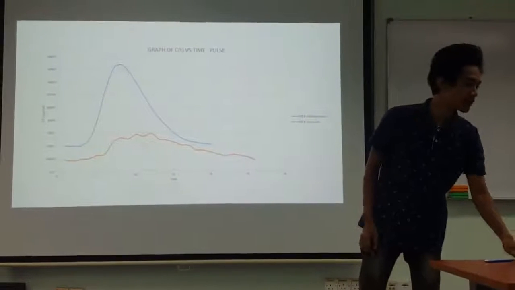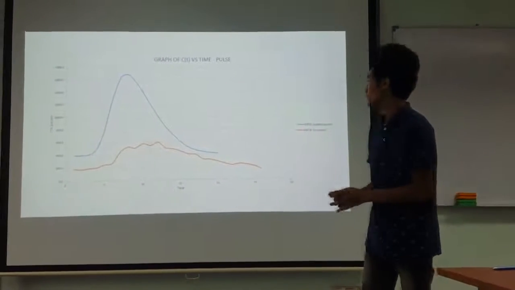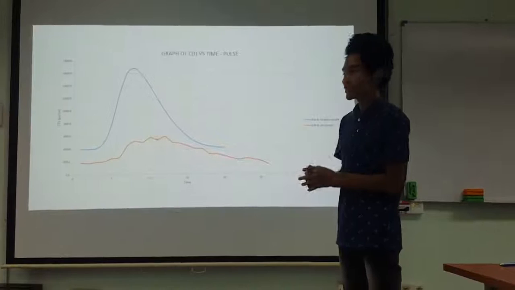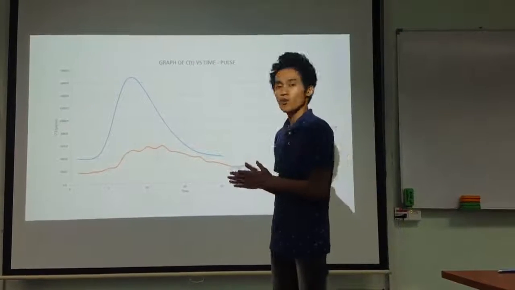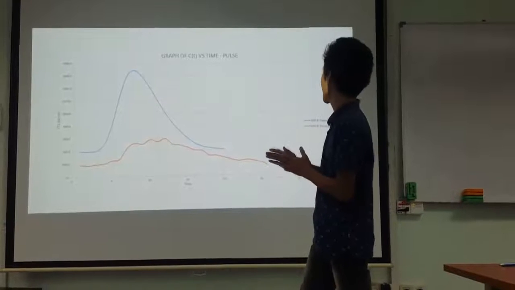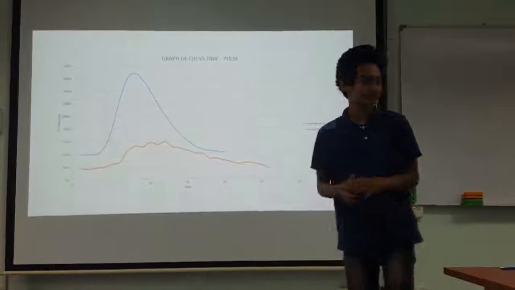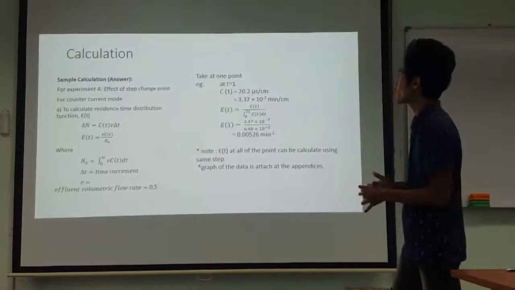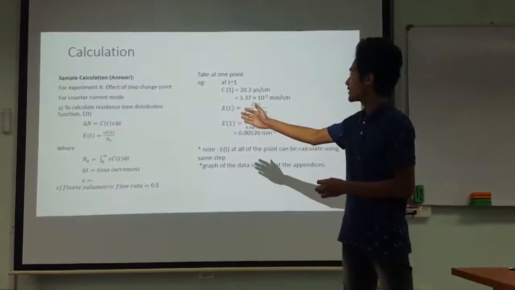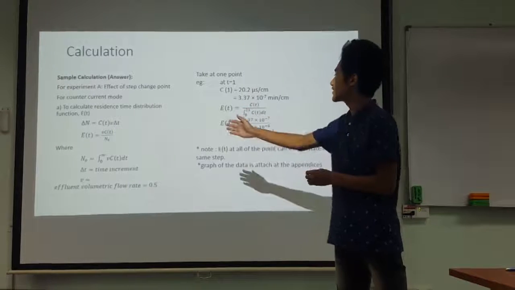Moving on to the pulse input. As we can see, it's also the same for the pulse input. We can see that the counter current will have a higher peak than the co-current process, right? So, this is our calculation, how we find the delta N, the E(t).